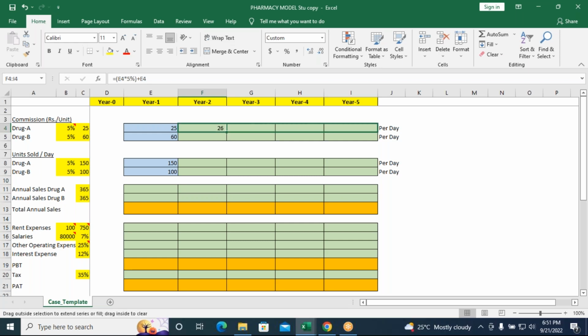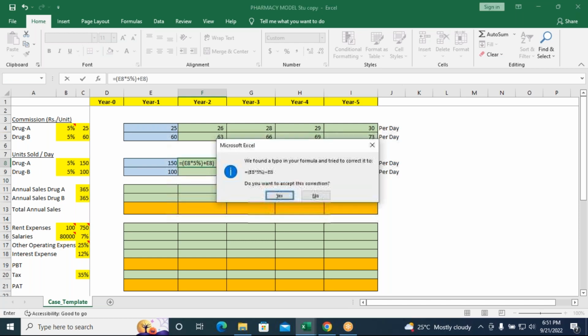I'll select and drag this. Then in the same way, equals, open the parenthesis, 60 into 5% plus the first year value. So this is done for my 5 years. Then for the quantity, equals, open the parenthesis, select the value into 5% plus the value 150.